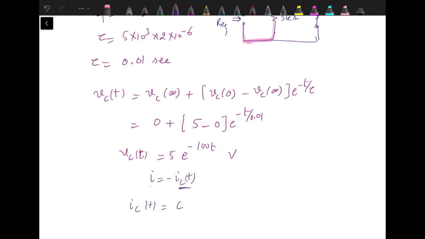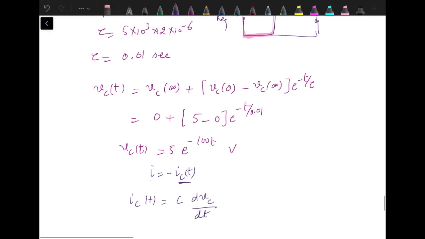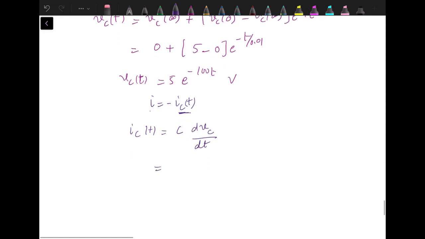It can be found by using C dVc by dt. The capacitor value was 2 microfarad, 2 into 10 raised to a minus 6, and we have to use the value of Vc as 5 into e raised to a minus 100t, by dt.